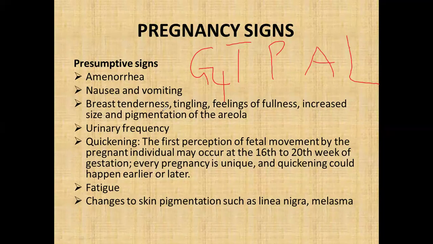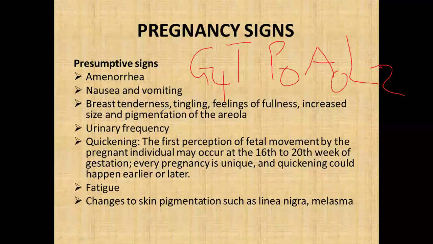So G means the total number of pregnancies, which is 4, including the current one, if the person is pregnant. Then you said the person has not had any abortion or miscarriage, so A will be 0. You said how many are living? 2. So 2 will be living. And there is no preterm.